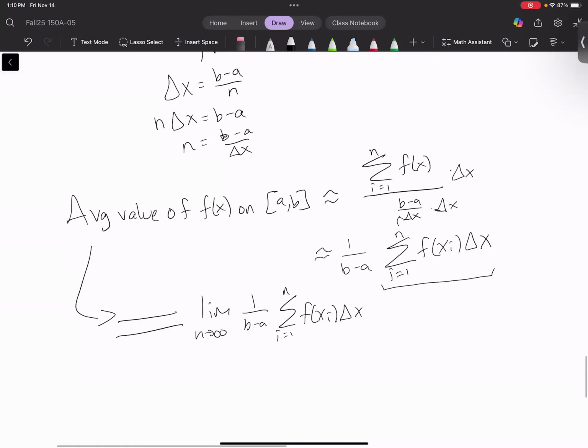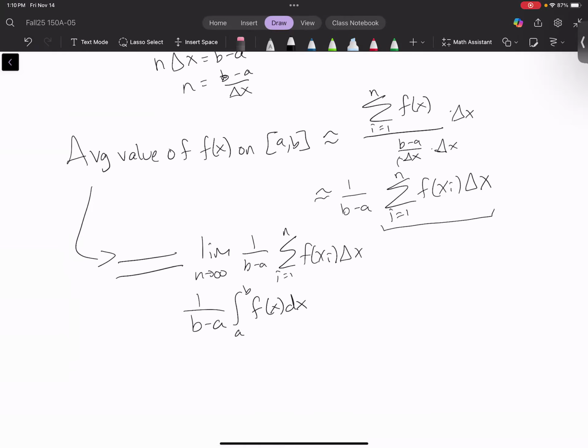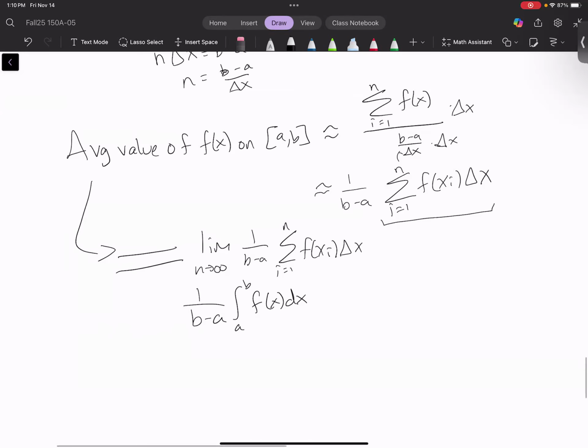That 1 over b minus a is just a constant. We can factor it out. But the limit and the sum, that's the integral. So it's the integral a to b f of x dx. Okay. So this is our average value of our function. It's the integral on the interval, but we divide by b minus a, right? B minus a is the length of the interval.